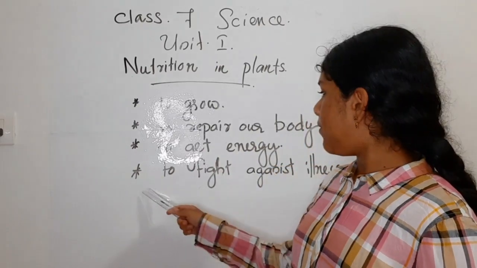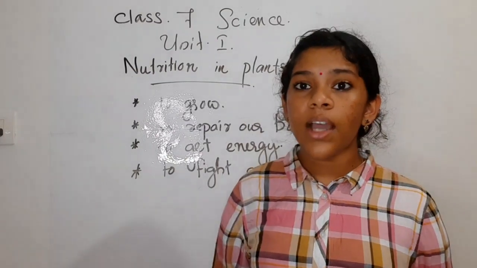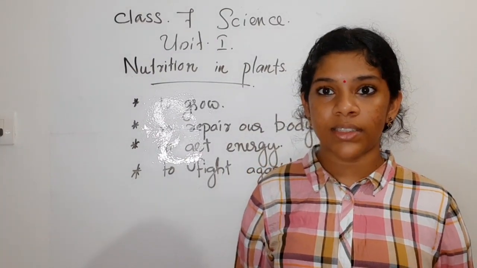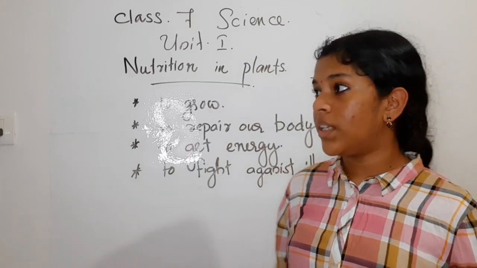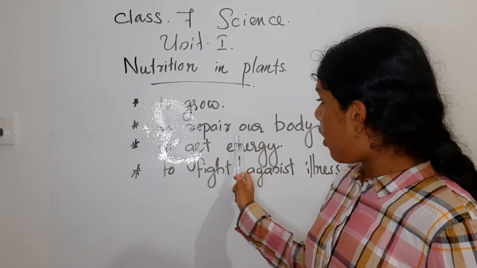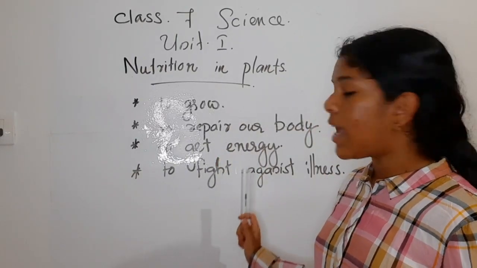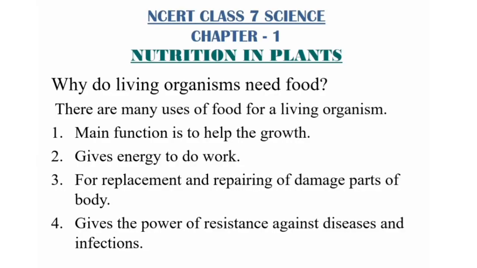And the fourth and final point is to fight against illness. If we are sick, we need to take our medicine, but to take our medicine, we should eat properly. And we need to eat properly for us to grow, to repair our body, to get energy, and to fight against illness. To brief, there are many uses of food for a living organism.